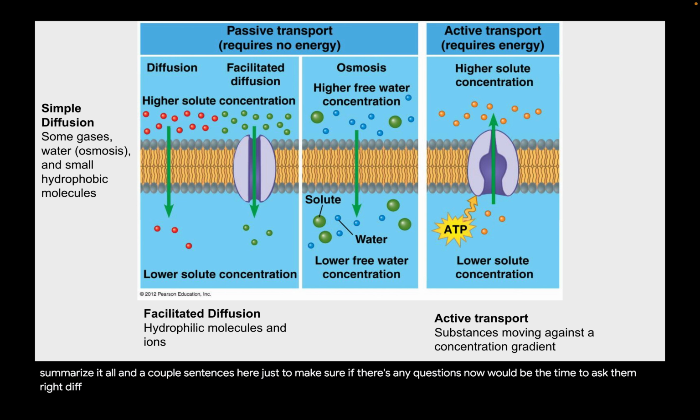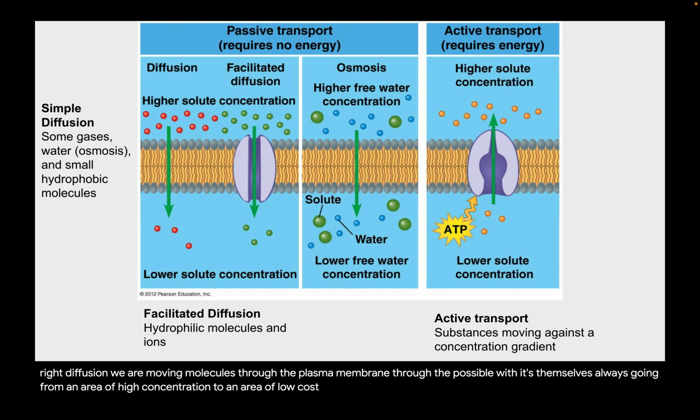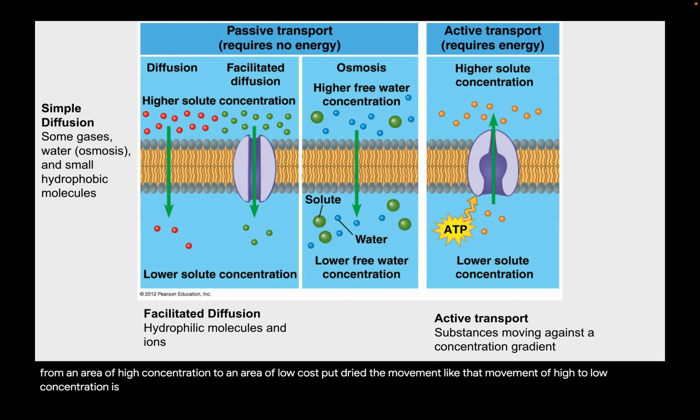With diffusion, we are moving molecules through the plasma membrane, through the phospholipids themselves, always going from an area of high concentration to an area of low concentration. That's what drives the movement. That movement of high to low concentration is also the driver for facilitated diffusion.